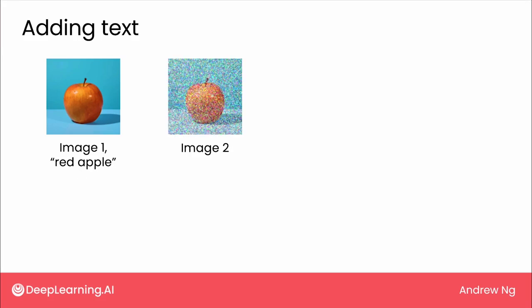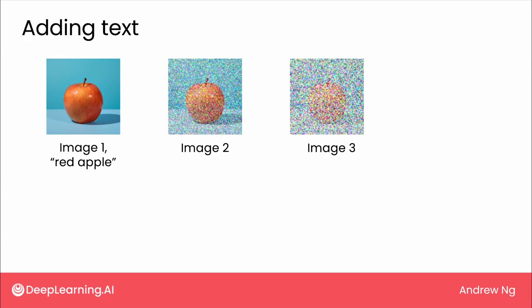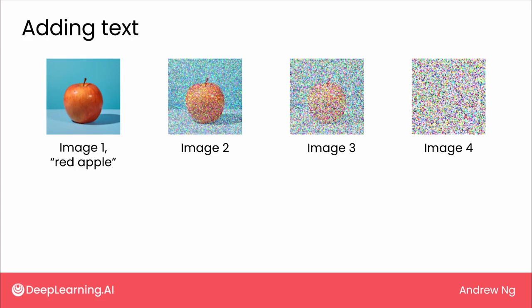Then we will, same as before, add noise to this picture until we get this fourth image, which is pure noise. But we're going to change how we build the learning algorithm, which is rather than inputting the slightly noisy picture and expecting it to generate a clean picture, we'll instead have the input A to the supervised learning algorithm be this noisy picture, as well as the text caption or the prompt that could have generated this picture, namely red apple.